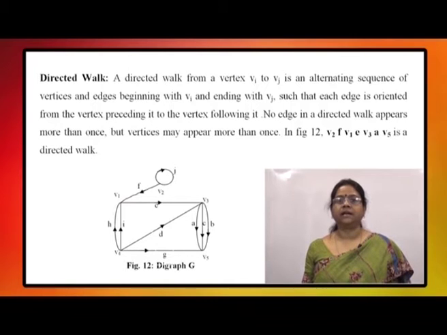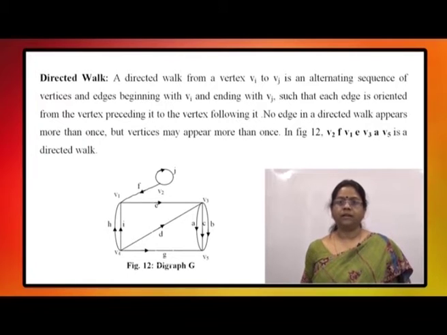So the definition is: a directed walk from a vertex vi to vj is an alternating sequence of vertices and edges beginning with vi and ending with vj, such that each edge is oriented from the vertex preceding it to the vertex following it. And no edge in a directed walk appears more than once, but the vertices may appear more than once.